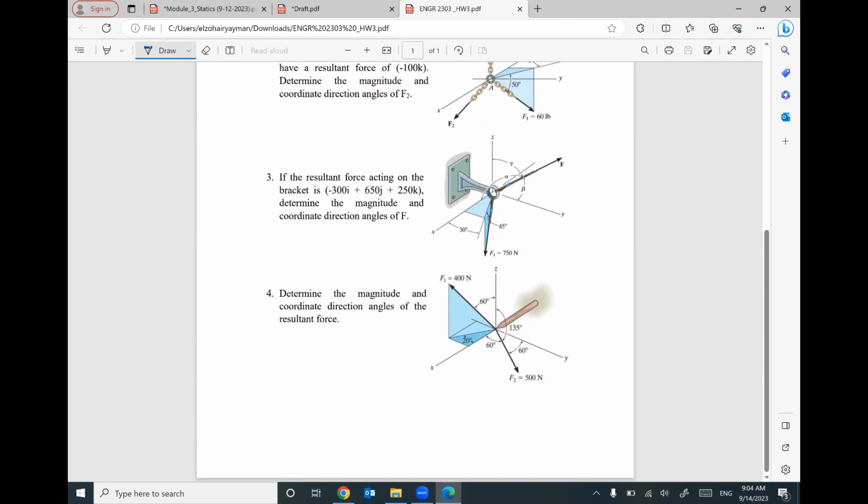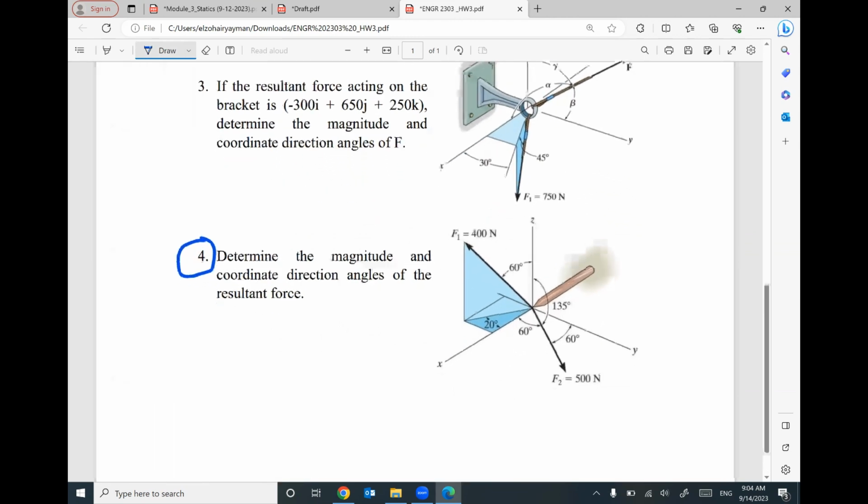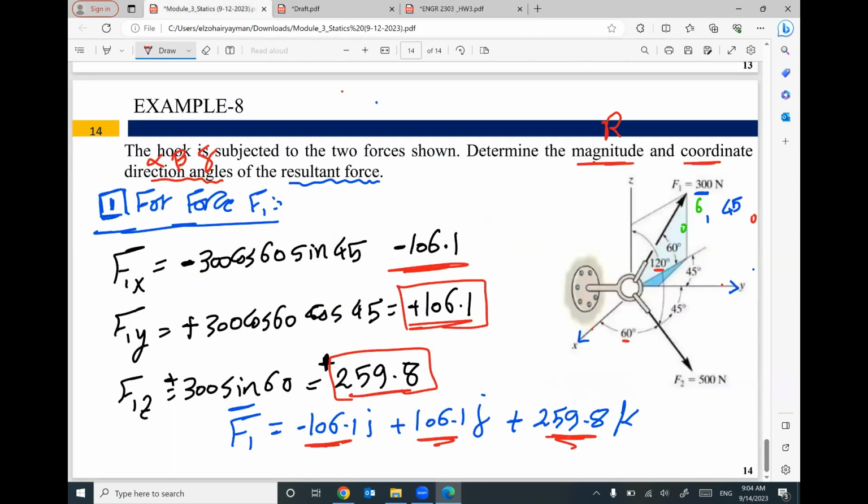Let's start with problem number 4, I will give just a hint. For problem number 4, you will see that this problem is exactly like the example I solved right now.